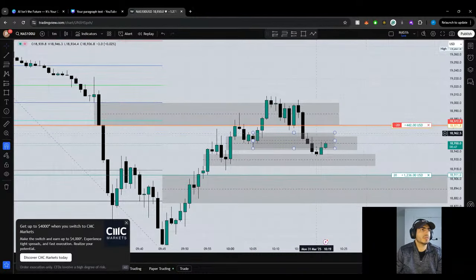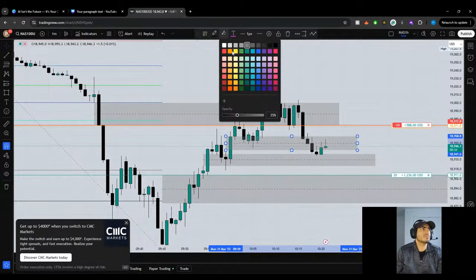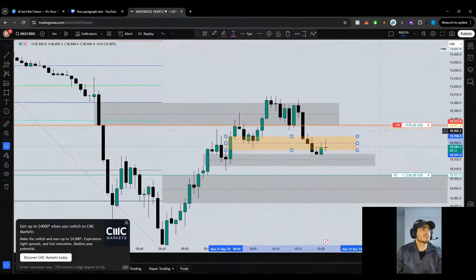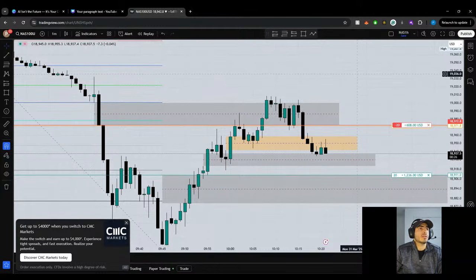And that's the midpoint of that inverse. The order block was broken. Take that out. This becomes the inverse, right? And it's recognized to the consequent encroachment of that inverse fair value gap. Inversion fair value gap.